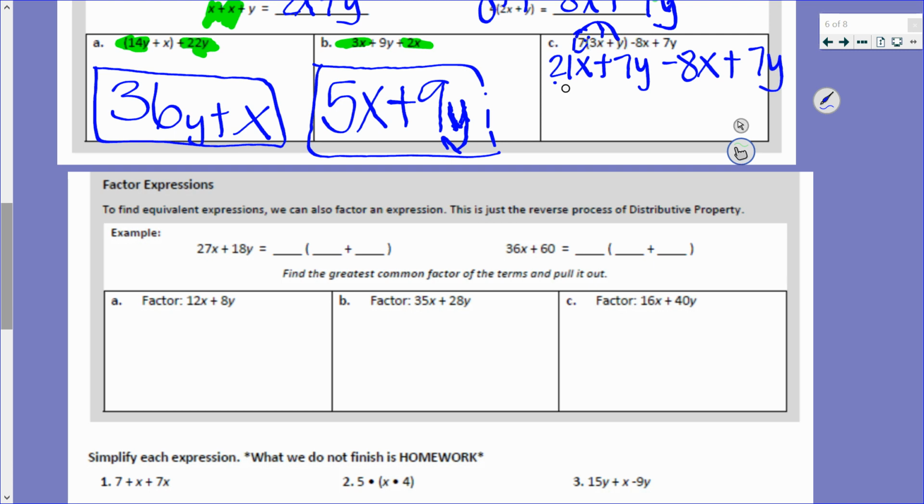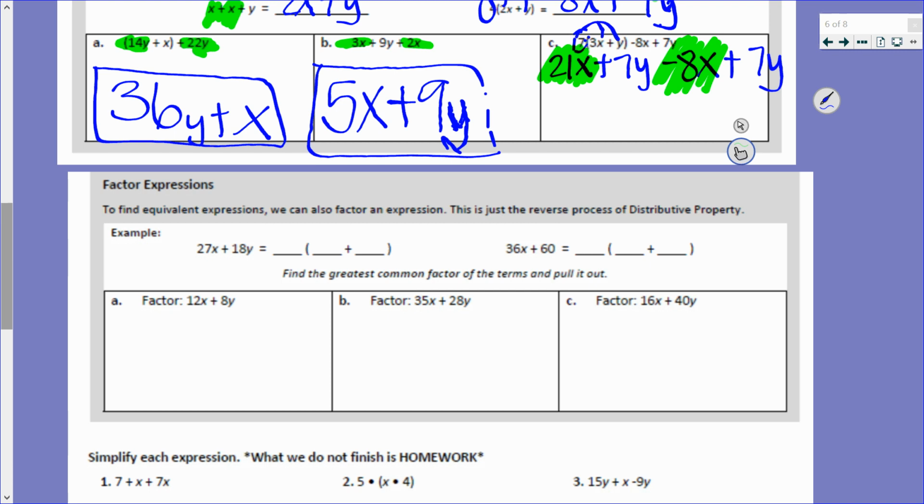Okay, so now that I've cleared my parentheses, it's time to combine like terms. All right, are there any like terms you see up there? Jaden, what do you see? 21x and 8x. Good, so I see 21x, and then I see, and this is important, make sure you're listening very closely, minus 8x.